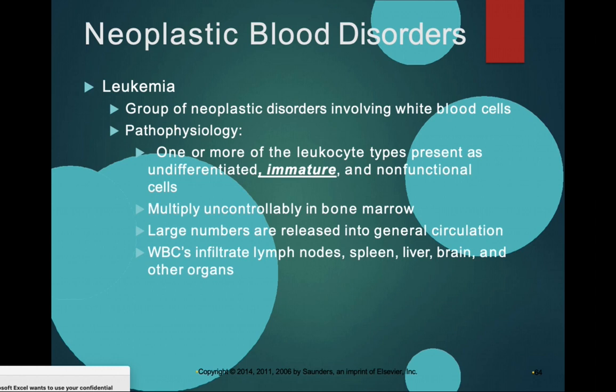This is why people with leukemia are prone to getting sick and infection: although they may have more white blood cells, they're non-functional, right? So these leukocytes multiply uncontrollably in the bone marrow. You have large numbers that are released into general circulation, and these white blood cells will infiltrate the lymph nodes, the spleen, the liver, the brain, and other organs. But they're immature and they're non-functional. Very important feature.